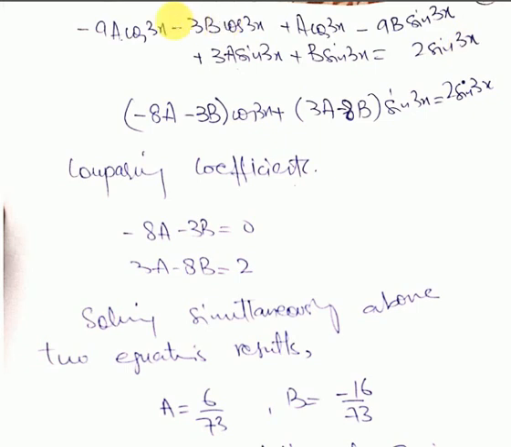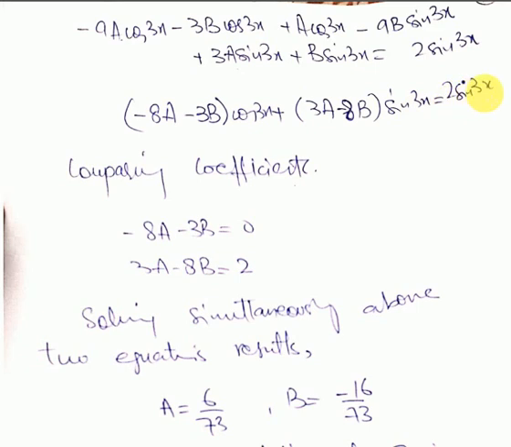Same terms on the same side. So taking common cos 3x from these three terms and sin 3x from these three terms gives minus 8a minus 3b into cos 3x plus 3a minus 8b into sin 3x, which is equal to 2 sin 3x.